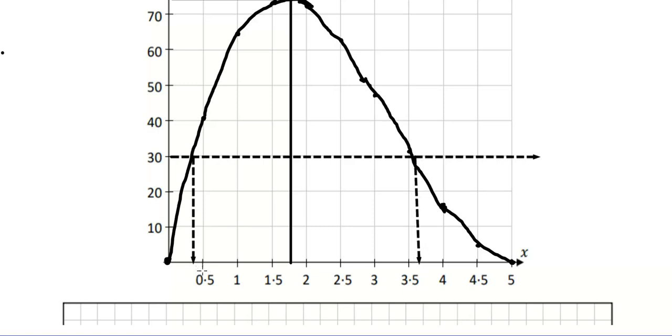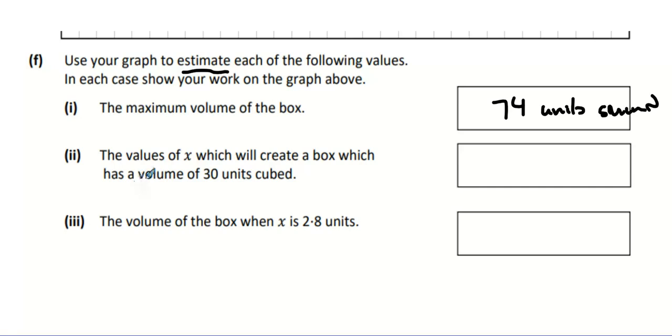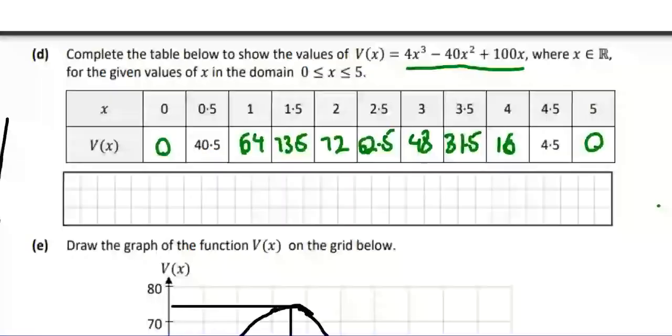Just an estimate, I say about 0.4 and about 3.6. There's a margin of error there. It says values, which is two values, so 0.4 and 3.6. Find the volume of the box when x is 2.8 units. So where's 2.8 on our graph here?